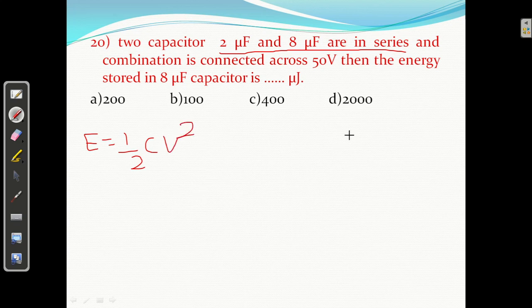If they are in series across the supply of 50 volt, Q, the charge, will be the same. Q equal to CV.